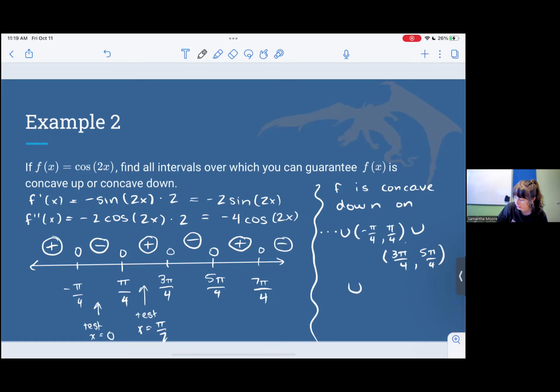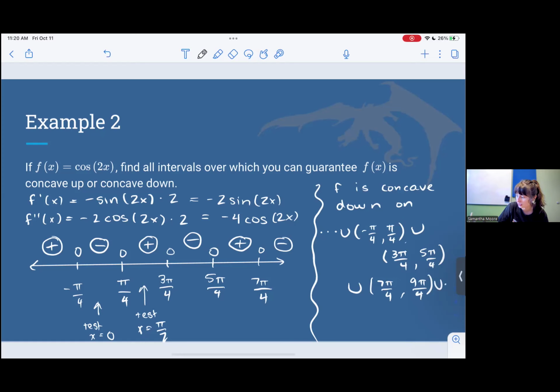Going to add on the interval. Let's give one more so it's clear that we're just adding pi over 2 between the endpoints. So the next interval that would work would be 7 pi over 4 up to 9 pi over 4.